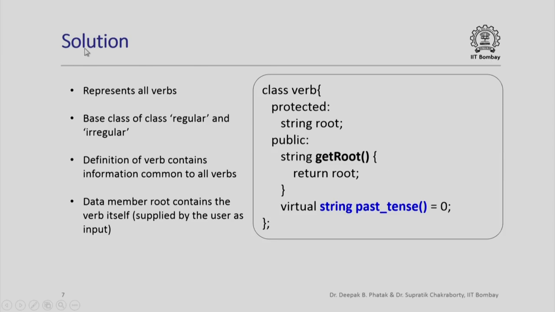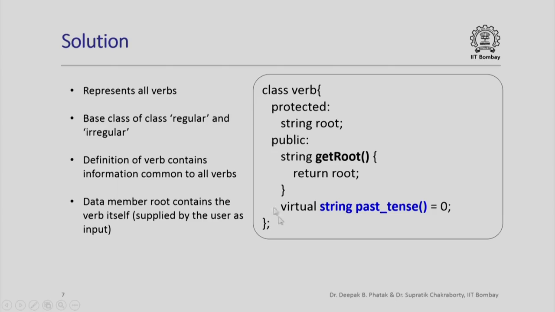So as a programming solution, we are going to have a class verb which is going to represent all verbs, but as we just saw in the last slide, it does not make sense to just talk about a verb. We are going to talk about regular verbs or irregular verbs for purposes of generating past tense.